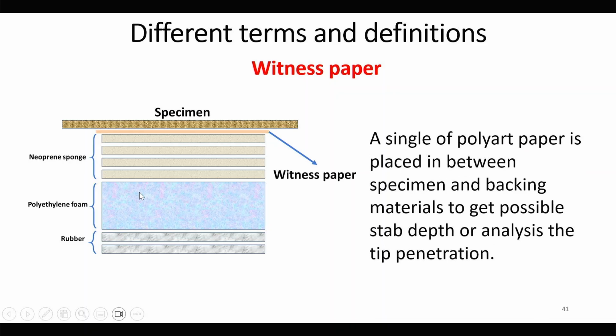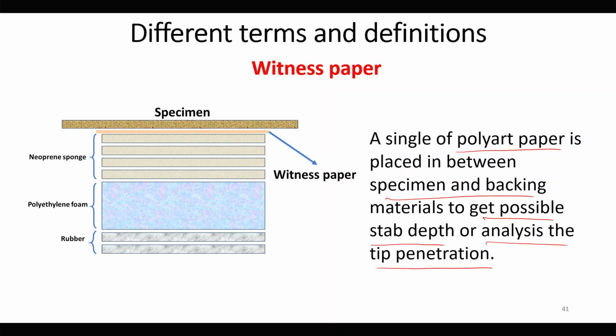The function of the witness paper, a single polyart paper placed between the specimen and the backing material, is to get the possible stab depth or analyze the tip penetration. That is important here.